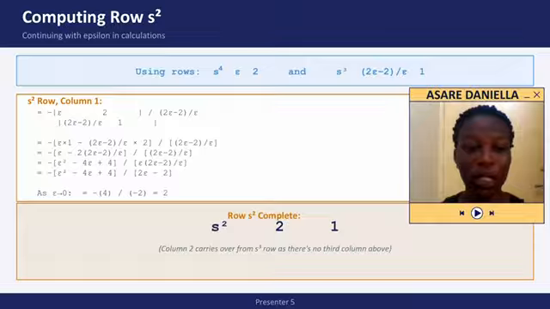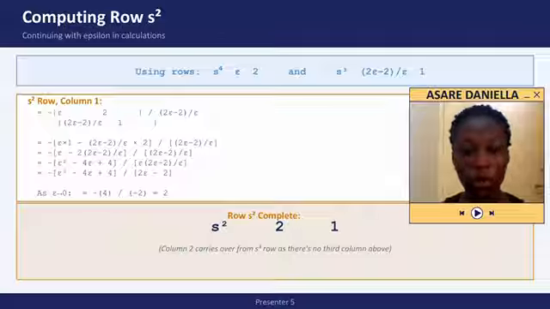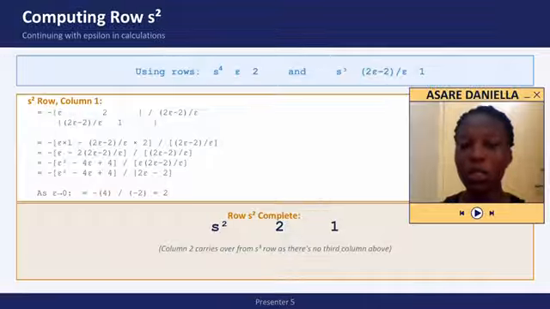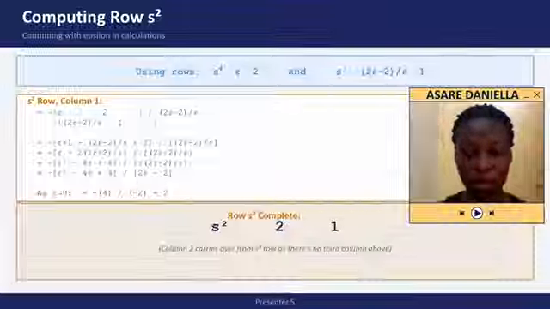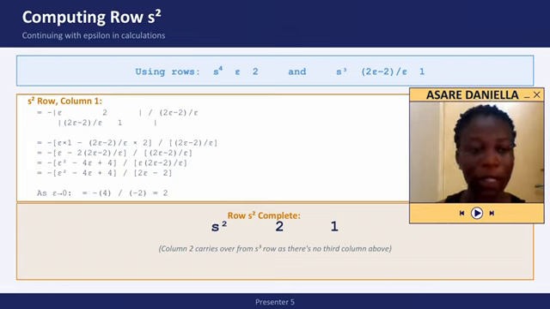So our rows are S to the fourth, that is epsilon and 2, and then S cubed, that is negative 2 over epsilon and 1, right?